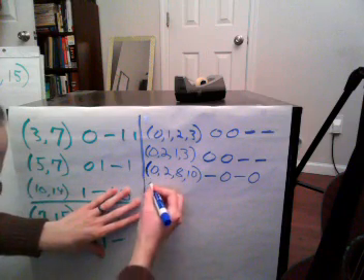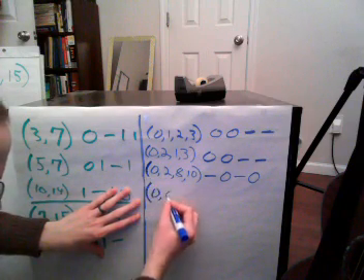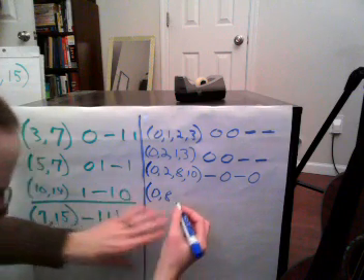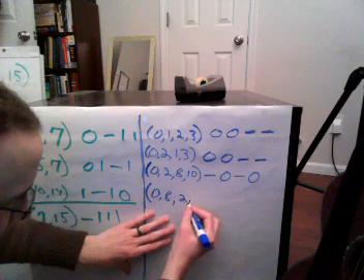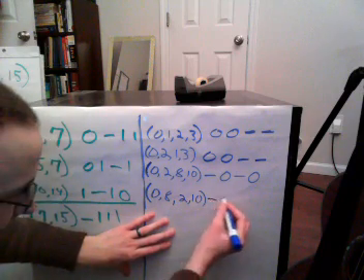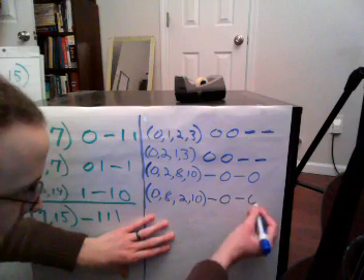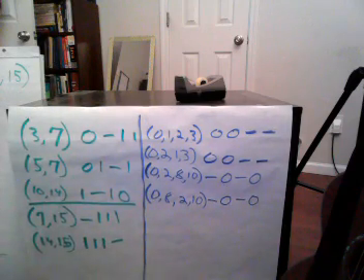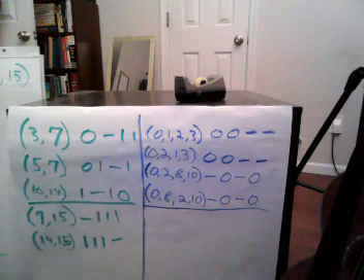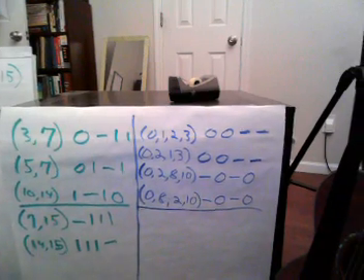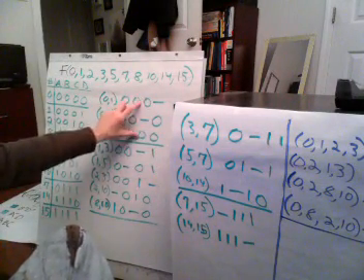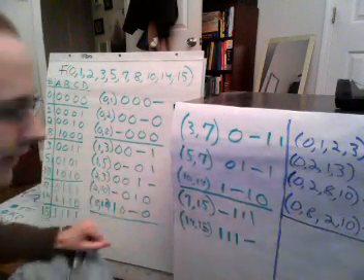We have 0, 8, 2, 10. That's going to give us dash 0 dash 0. And then that's going to be the end of this grouping. So I put the line underneath it.